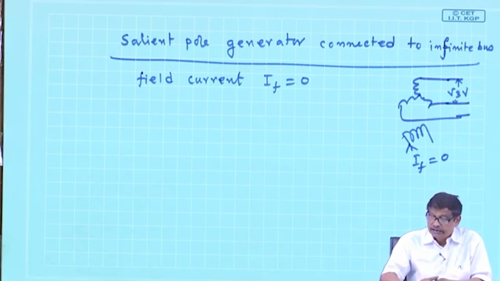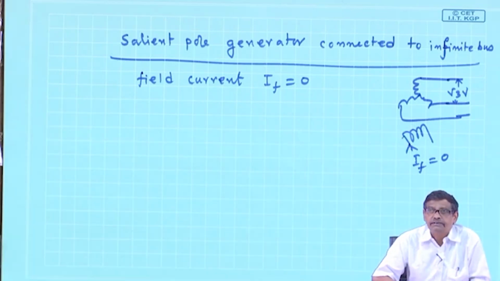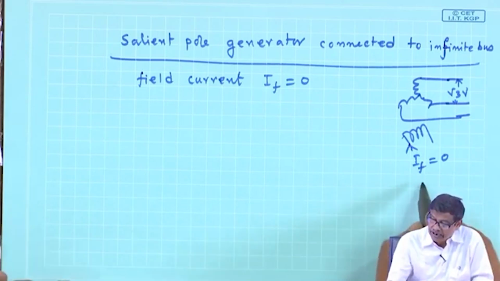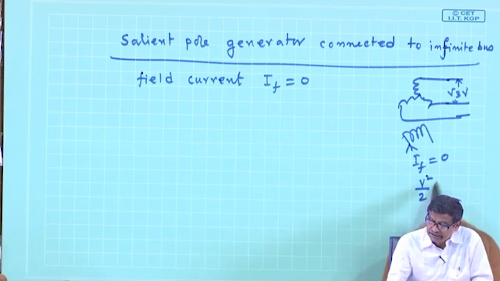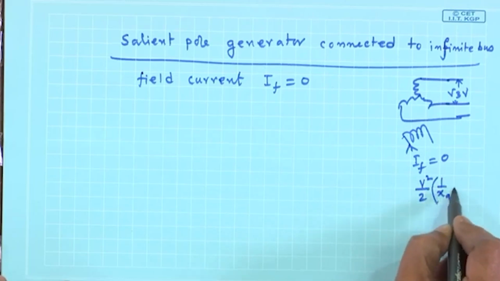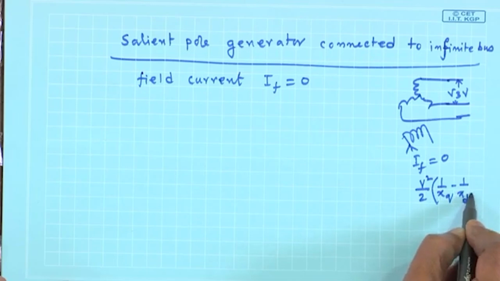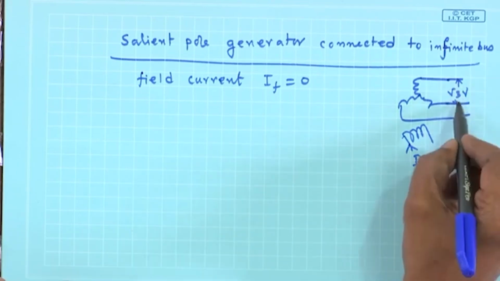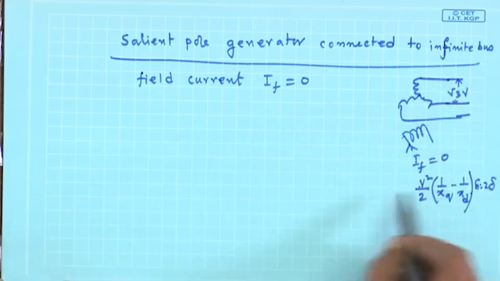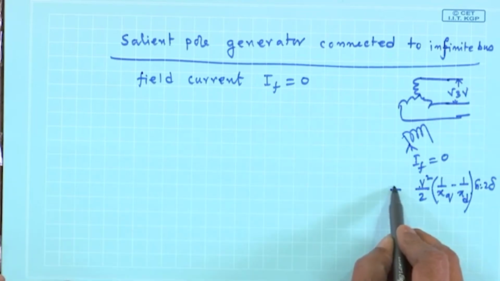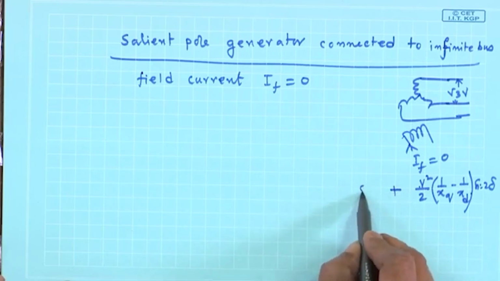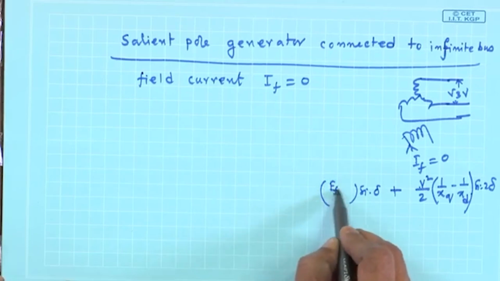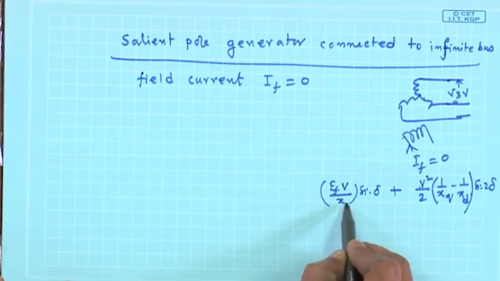Yes, it can operate if it is a salient pole machine, because in a salient pole machine, you recall there is one term of power equal to this. What is V? V is the terminal voltage. There is no EF here. So the other term, the sin delta term, that coefficient has become 0, that was EF V by x d.